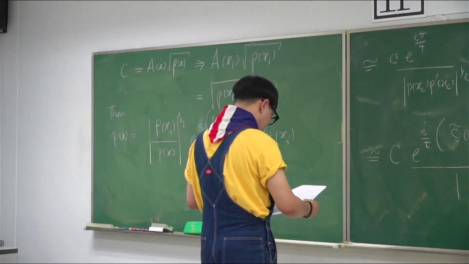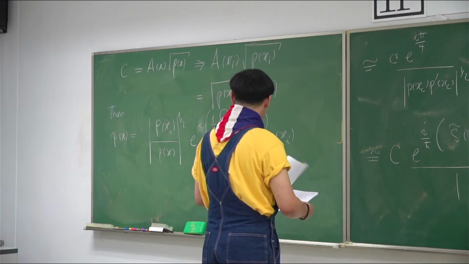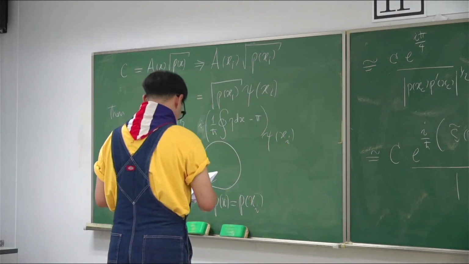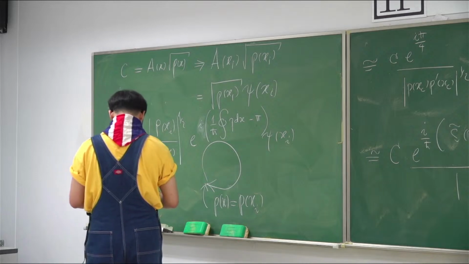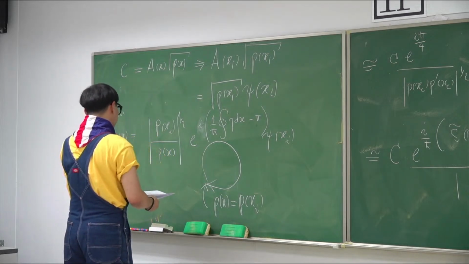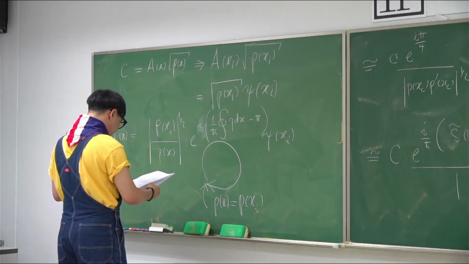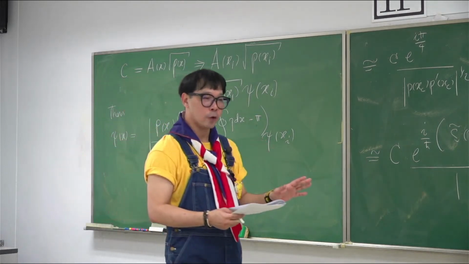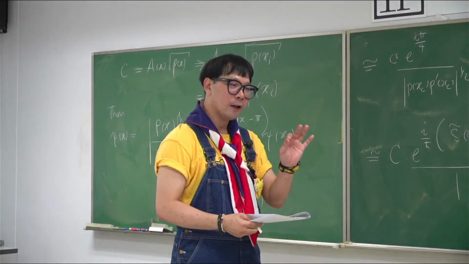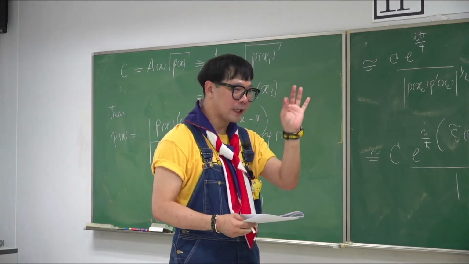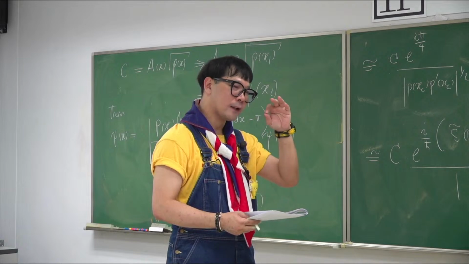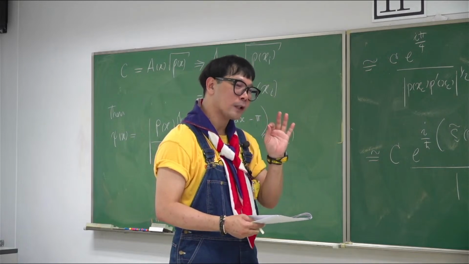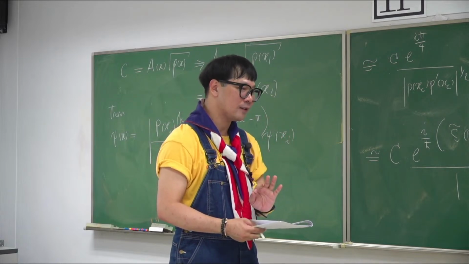Okay, so it means that the wave function would be a single-valued function. It means that after you complete a loop, when you get to exactly the same initial point, you should get exactly the same wave function.